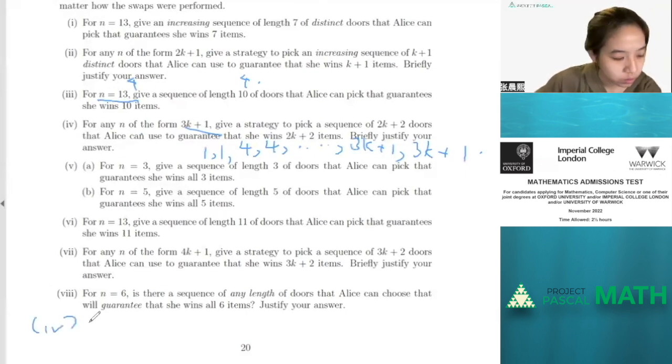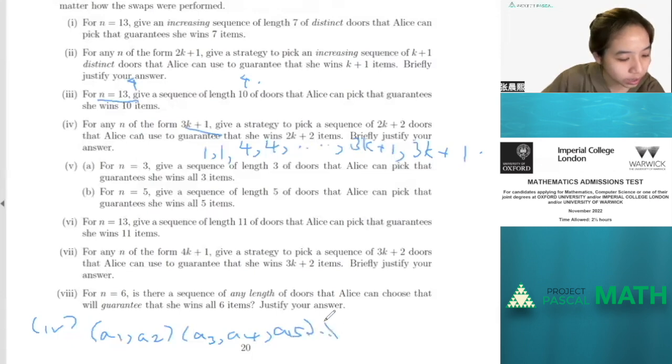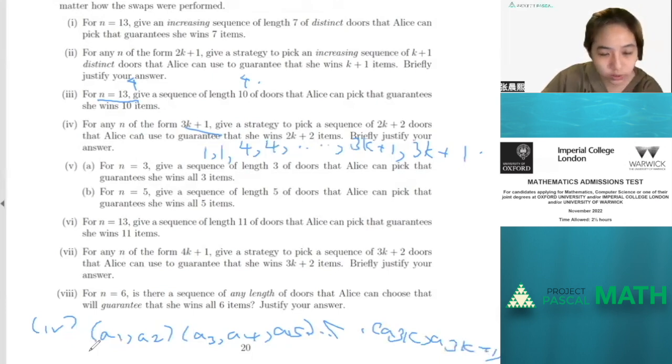So basically, you realize that when you group the items in terms of A3, A4, A5, up to A3k plus 1, A3k plus 1. So every single time a door from each group is picked, you realize the items themselves are in their original position.